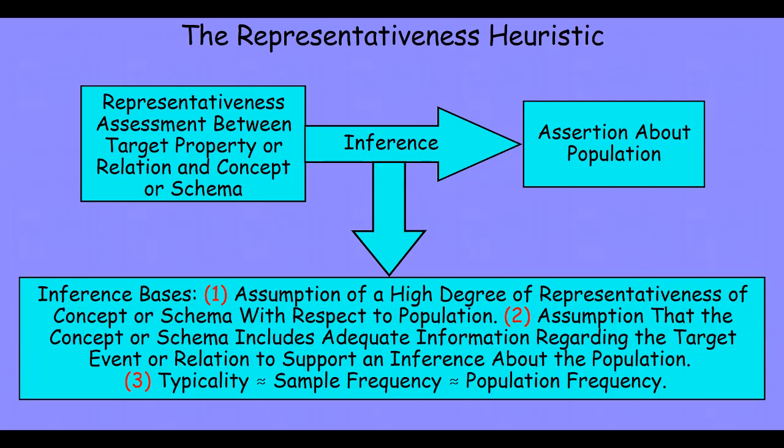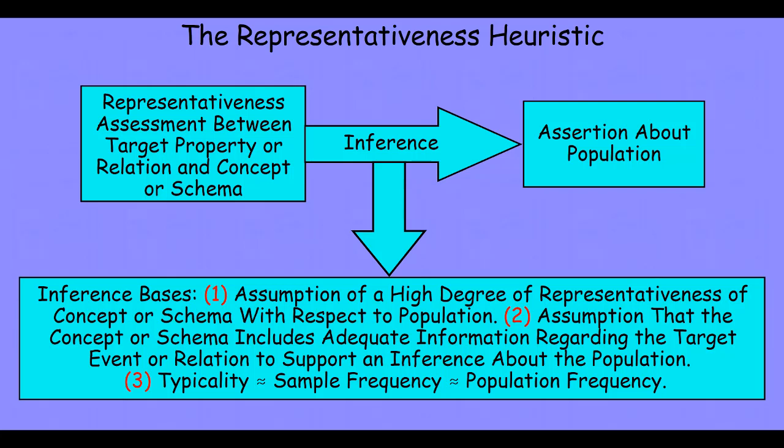So we can see that the representativeness heuristic really has three basic assumptions that it needs to hold in order for it to work. First of all, it has to assume a high degree of representativeness between the concept and the schema and the population. It also has to assume that that representativeness isn't just a general representativeness, but it actually includes information that's appropriate to the particular inference that it's looking for.